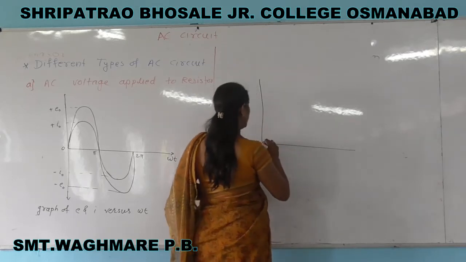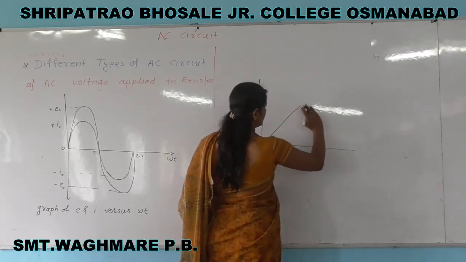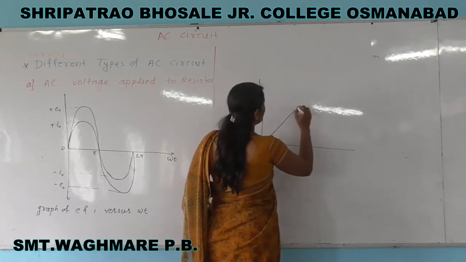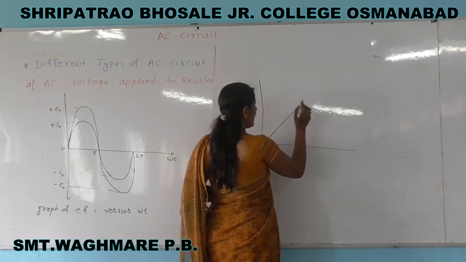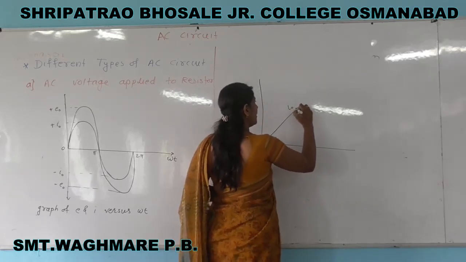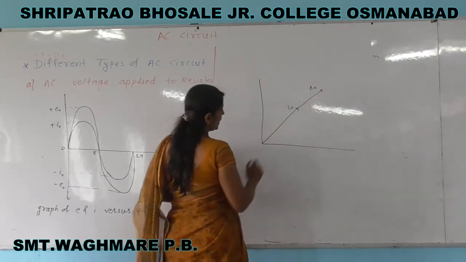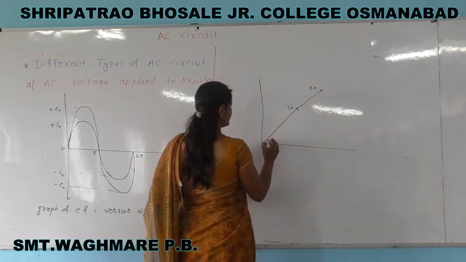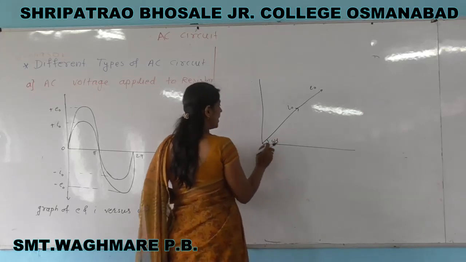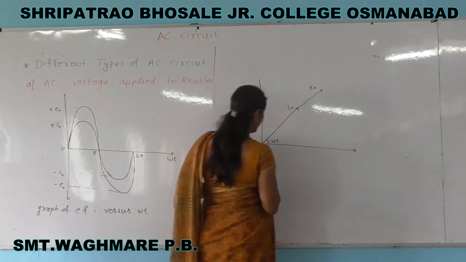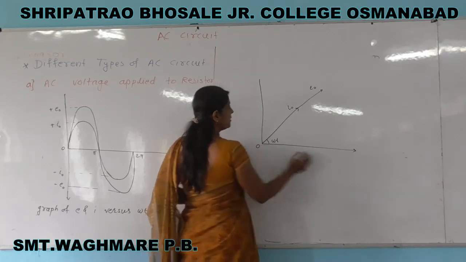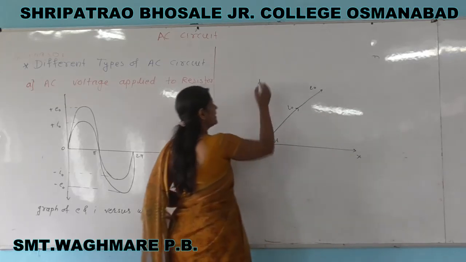Here, this is the vector I and this is the vector E. Both are in the same direction. This is the angle omega t between the x-axis and the vector.